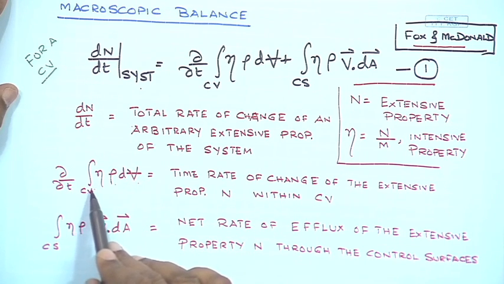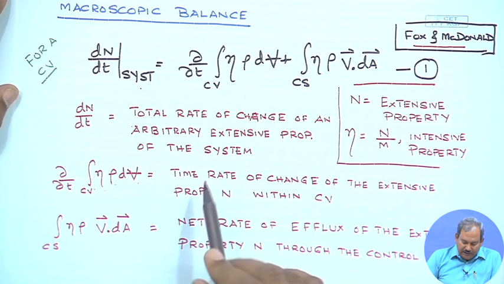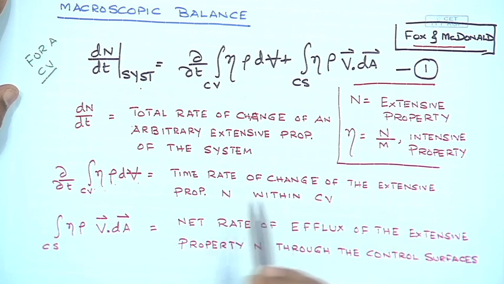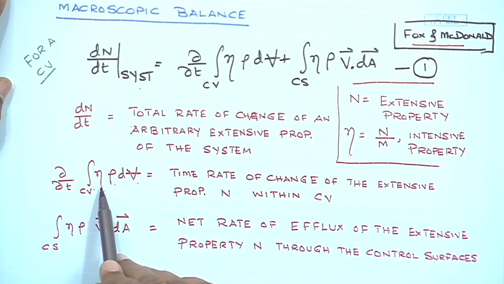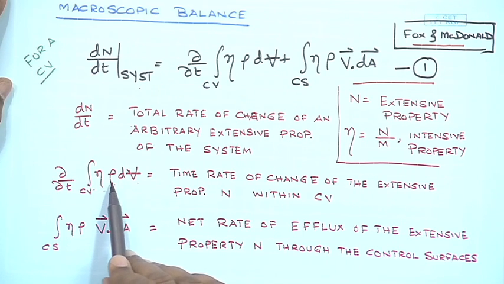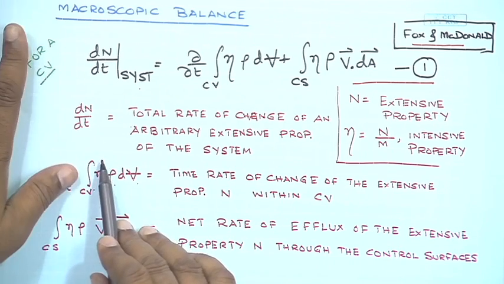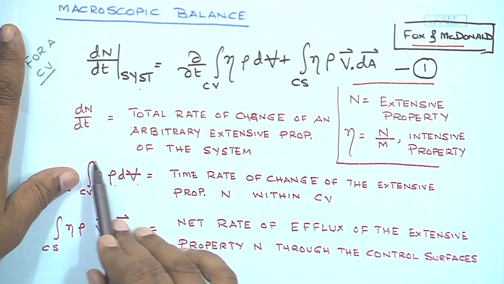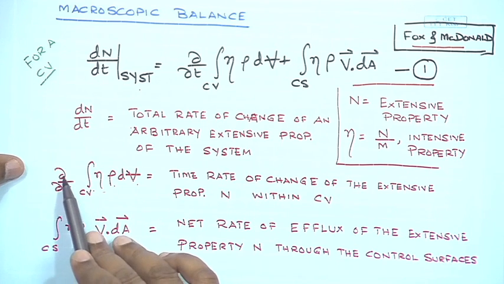So, if you integrate eta rho dV over the entire control volume, you get the extensive property contained within the control volume, and you are taking the time derivative of that.